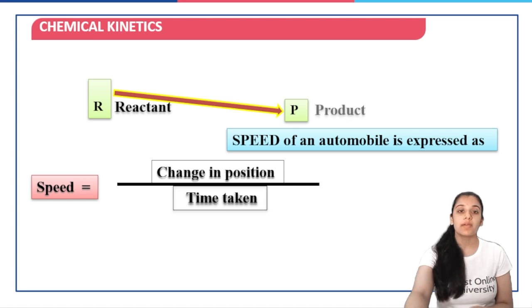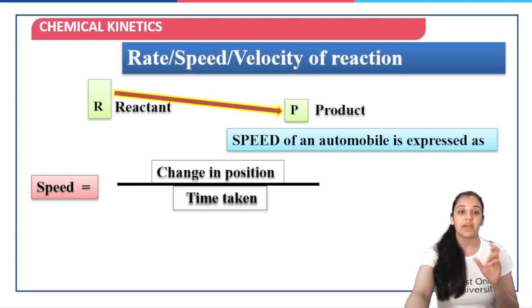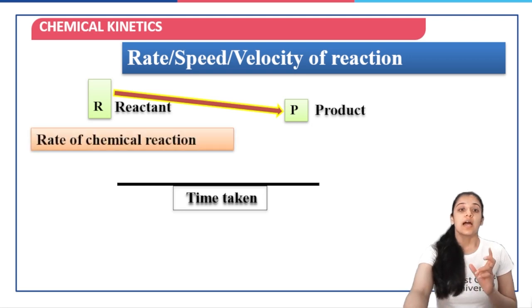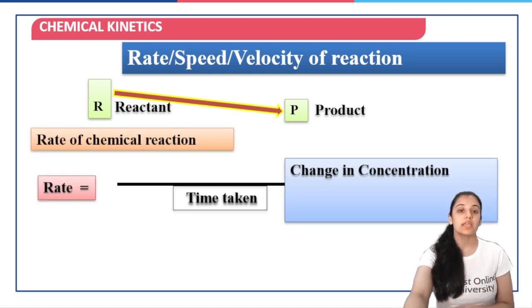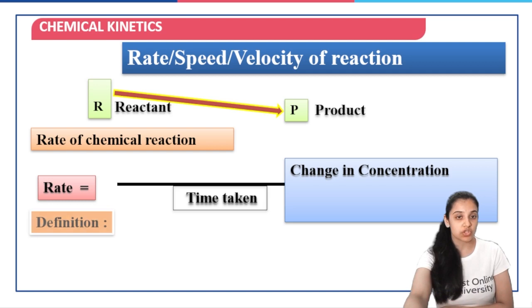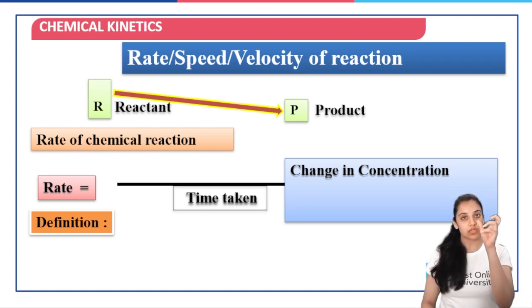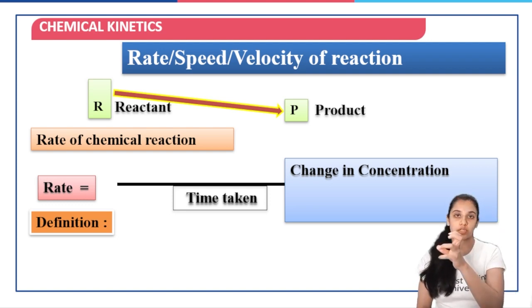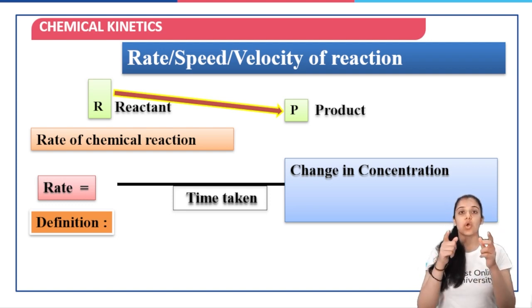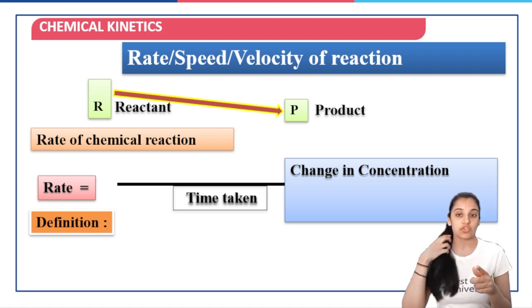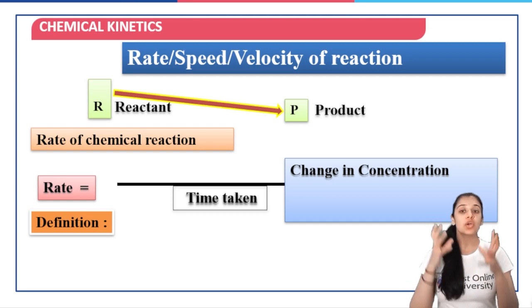Similarly, when we talk about a chemical reaction, we define the rate or speed or velocity of a chemical reaction as rate being equal to change in concentration divided by time taken. Okay, so this change in concentration is in the numerator. As we are going from the reactant to the product, since we cannot define what position is getting changed, we will be defining it in terms of the concentration.